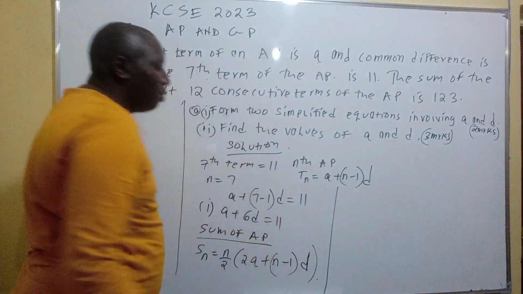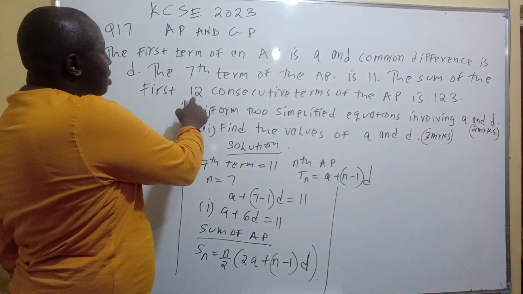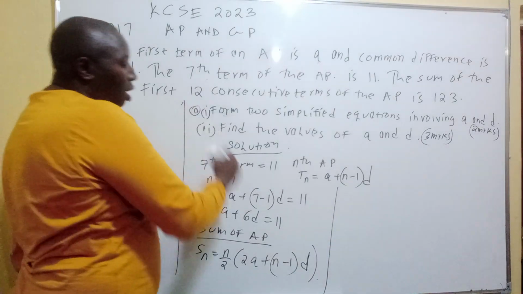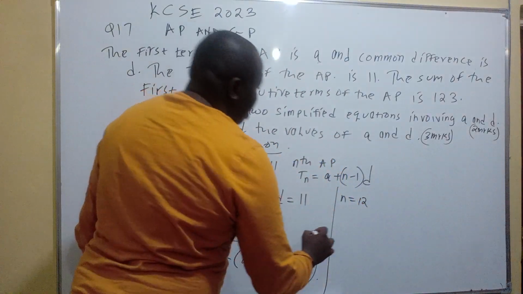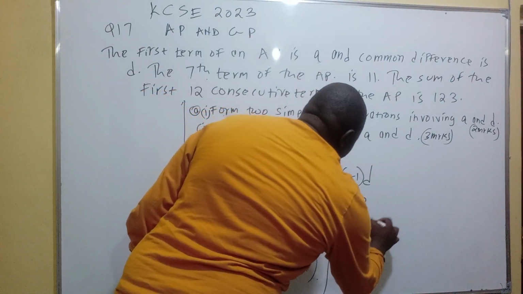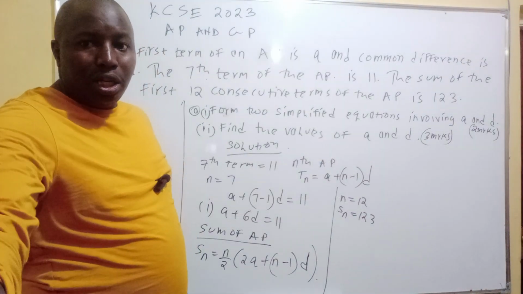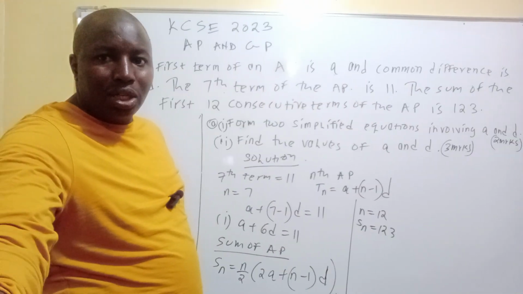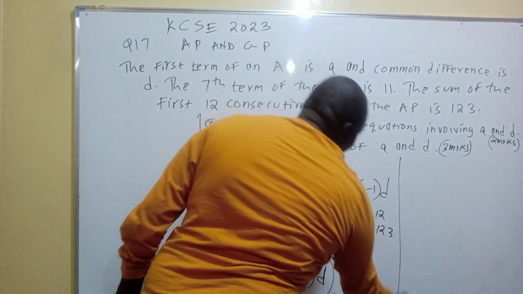So form the second equation from this. You are told the sum of the first 12 terms, so n is 12, and the sum Sn is 123. Apply the formula here.